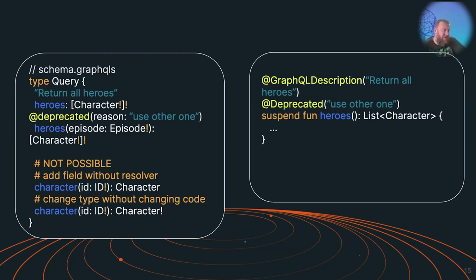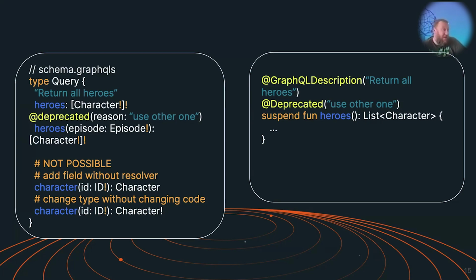And this also brings us another interesting characteristic: your schema is generally not going to be static, right? You're going to be evolving it over time. So maybe you want to add a new field, or maybe you want to change some return types or arguments or add new arguments, any of those, right? And since our schema is derived from the code, it's not possible to update your schema without having the corresponding resolver logic, right?